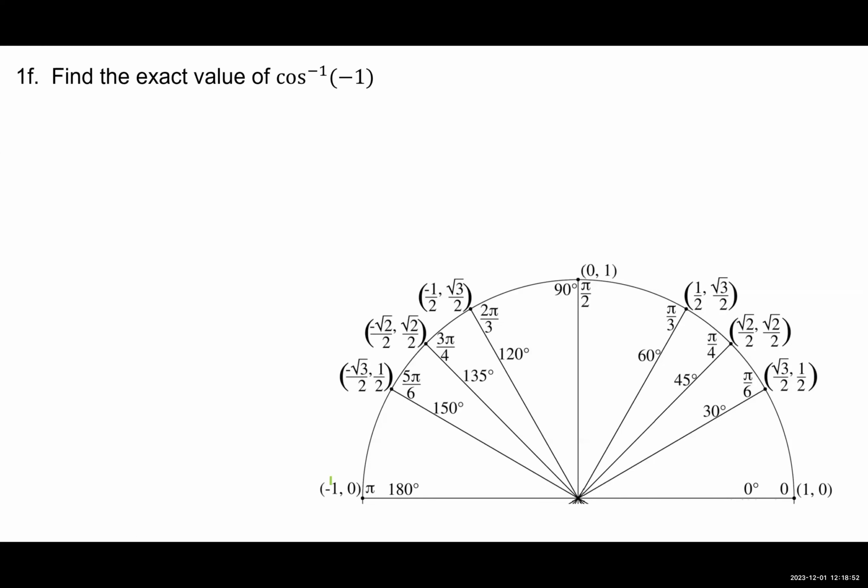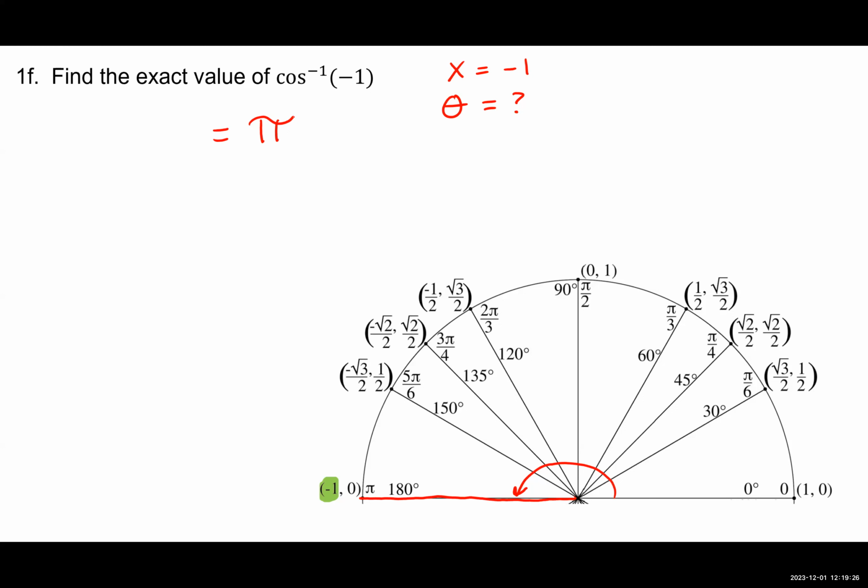We're looking for -1 as an x value. Remember, x equals -1, angle equals question mark. And there's our angle right here. Angle is pi. So the cosine inverse of -1 is pi. All right, looks good.